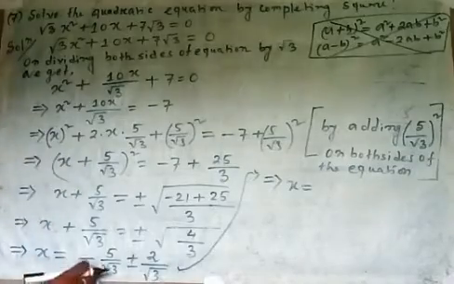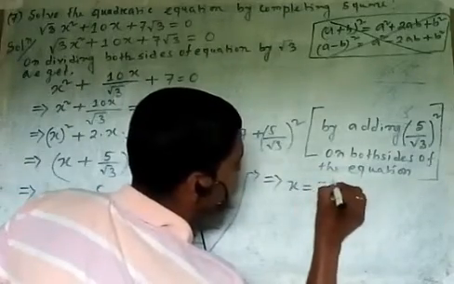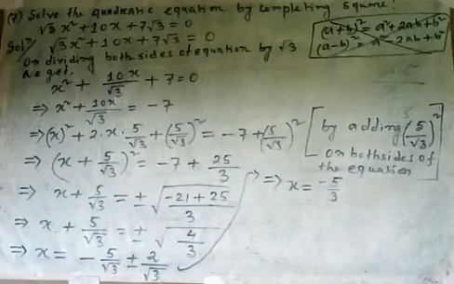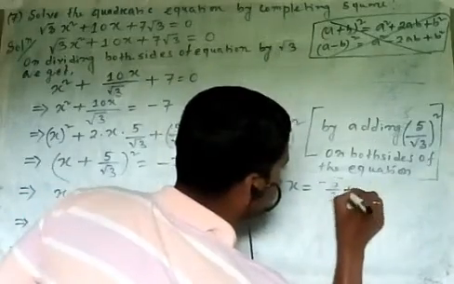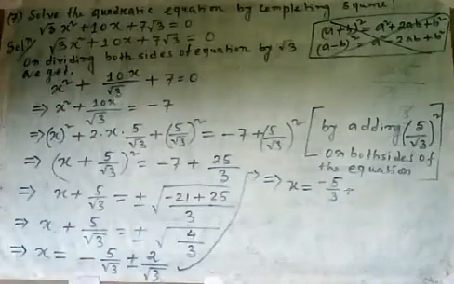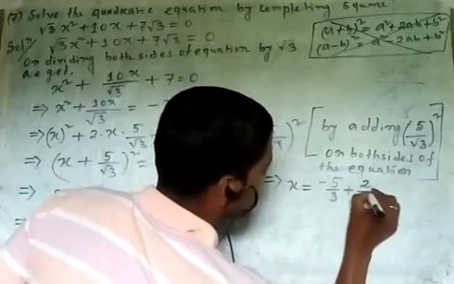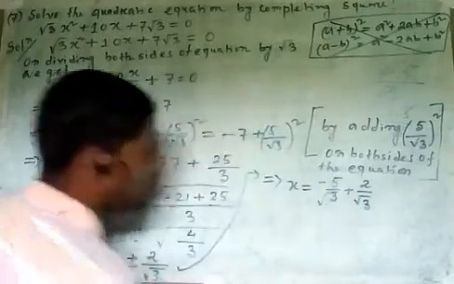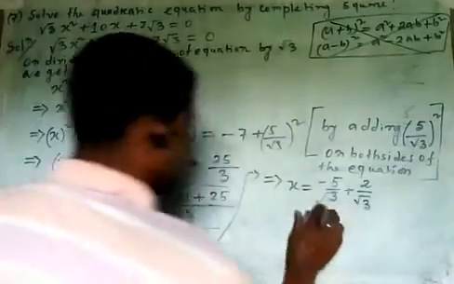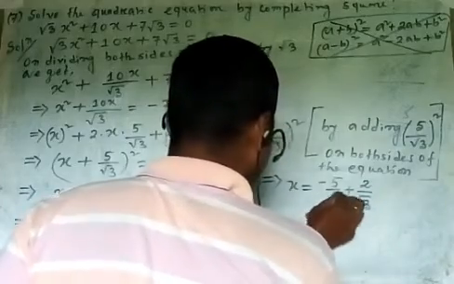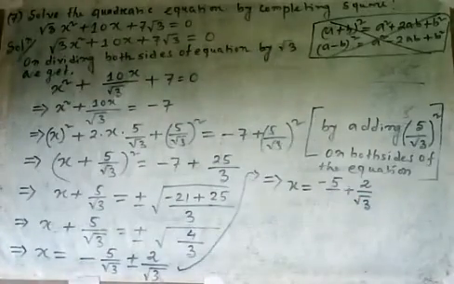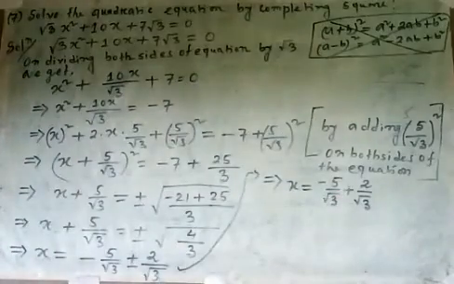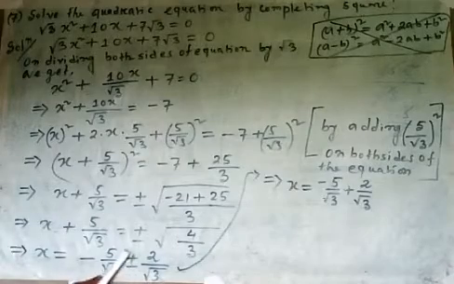So minus 5 by root 3 is minus 5 by root 3. Then there is the plus minus symbol. So let me do the plus symbol here: minus 5 by root 3 plus 2 by root 3, but there is again the minus symbol.